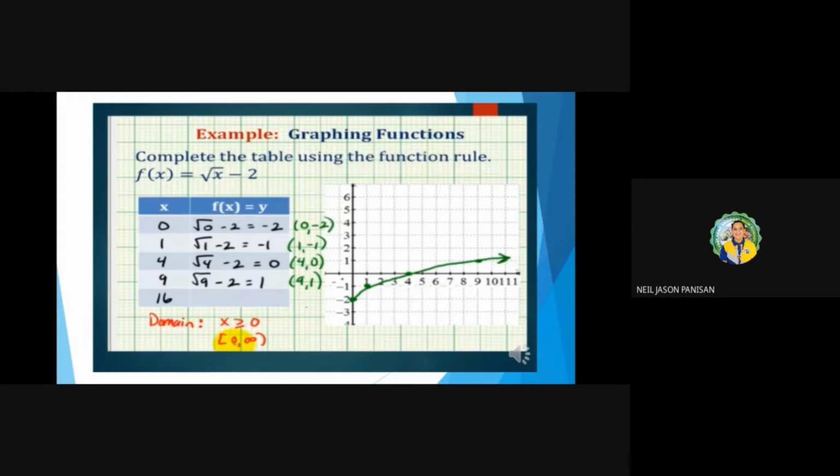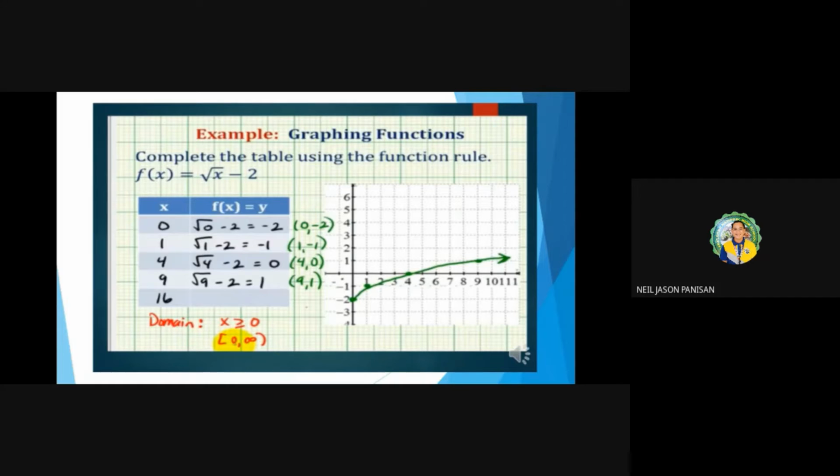And if our x is 4, we extract its square root, which is 2, then subtract 2. So the result is 0. And we have now the third point, which is 4 and 0. And then if our x is 9, we simply extract its square root, which is 3, and subtract 2.